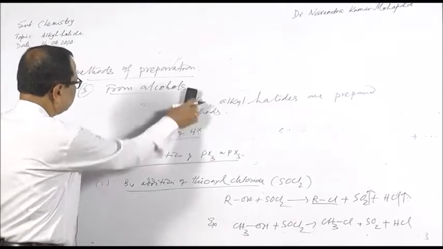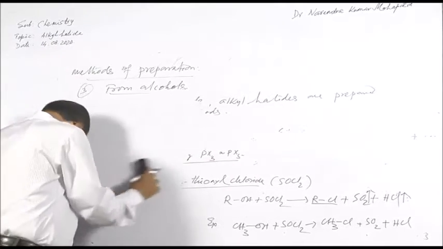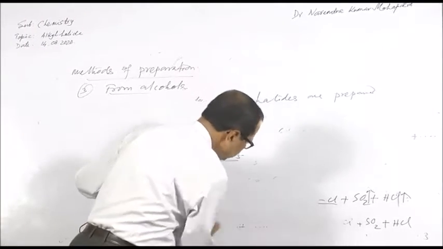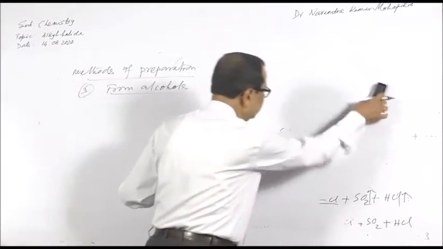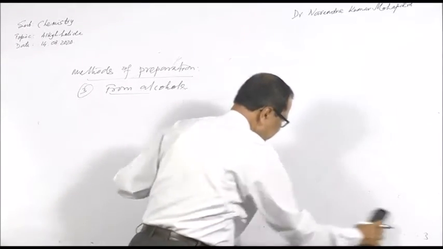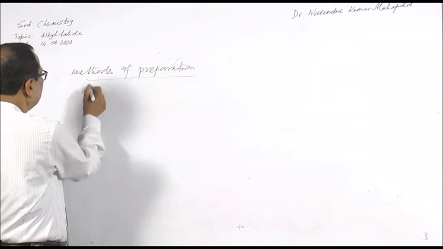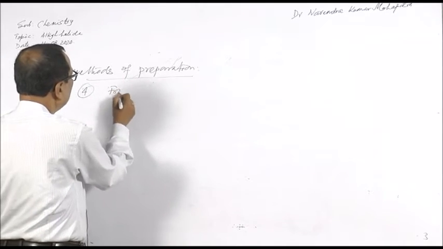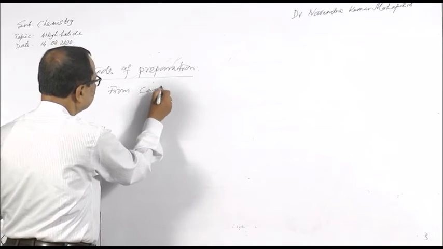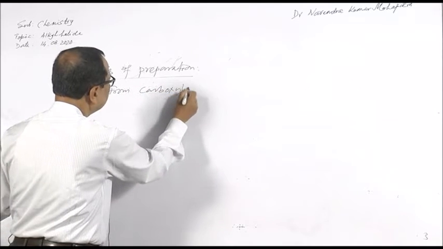The fourth method of preparation of alkyl halide is from carboxylic acid.